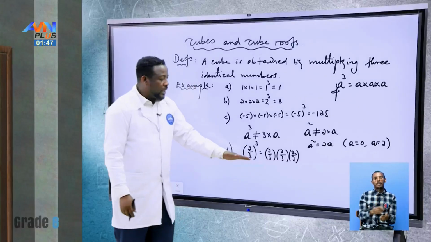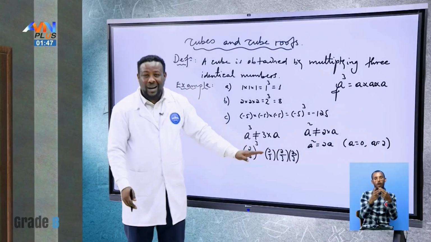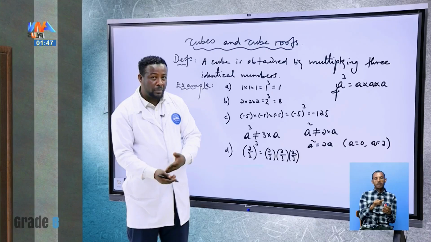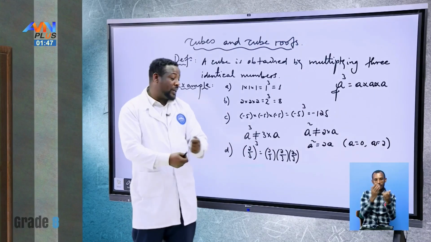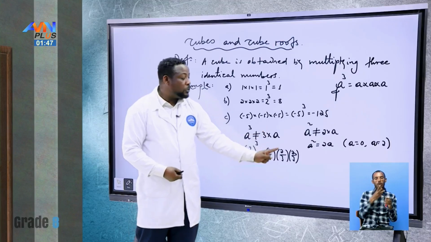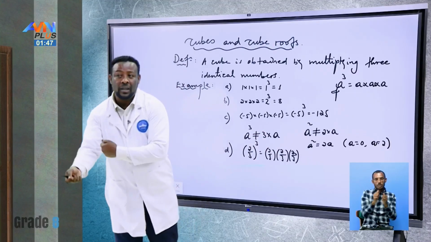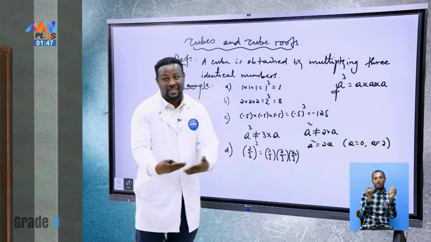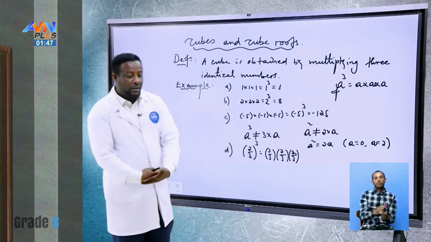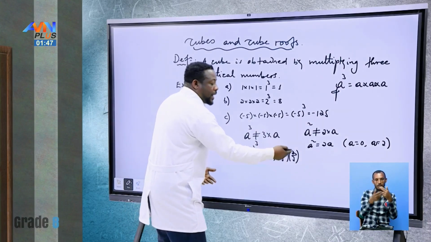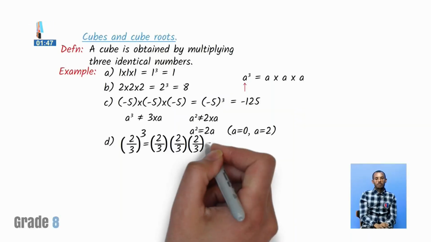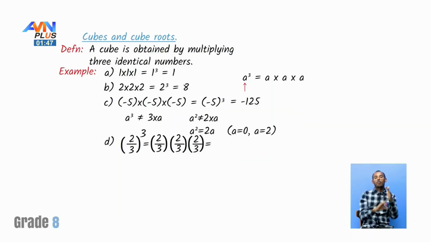This is the product of identical rational numbers. During multiplication, we multiply numerators with numerators and denominators with their corresponding denominators. So 2 times 2 is 4, 4 times 2 is 8. And the denominator, 3 times 3 is 9, 9 times 3 is 27.